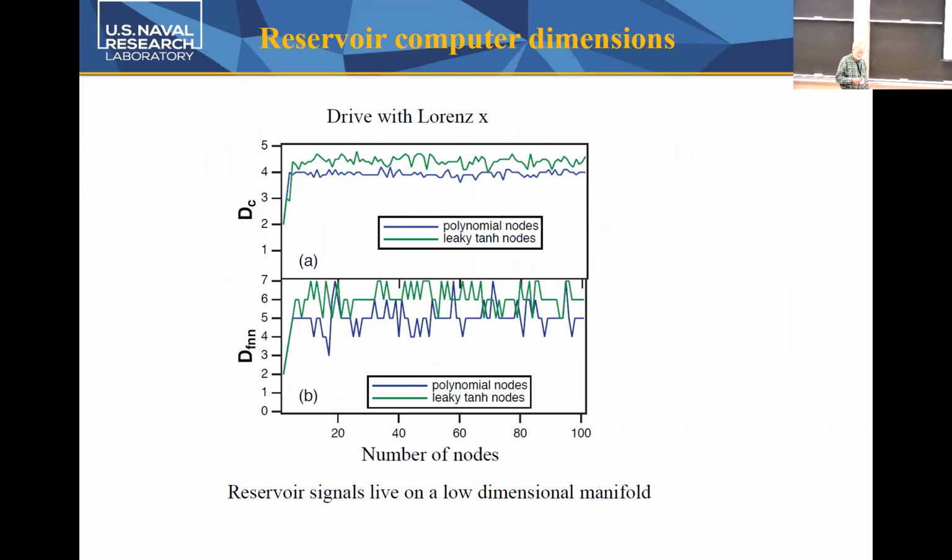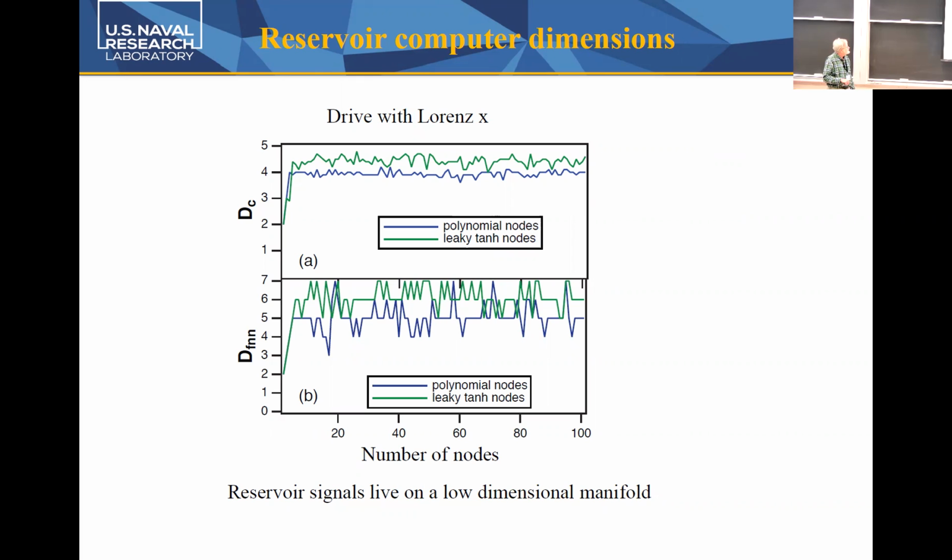So in an actual reservoir computer, I can take a couple of different types of reservoir computers. Lou had mentioned one of these, reservoirs of polynomial nodes. It's just a nice way to represent a general nonlinearity. Or I can do a leaky hyperbolic tangent reservoir computer, which is a very standard thing that people look at. I can increase the number of nodes in that reservoir computer. I can measure the false nearest neighbor or the covariance dimension, and I see both of these dimensions saturate for more than about 5 nodes.